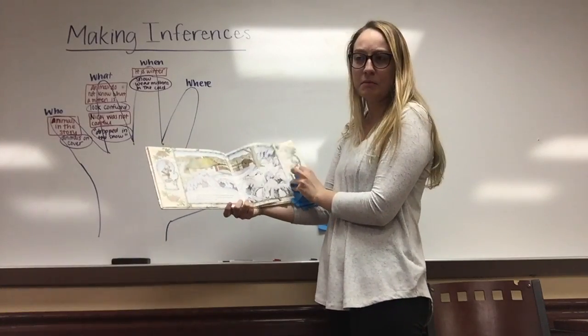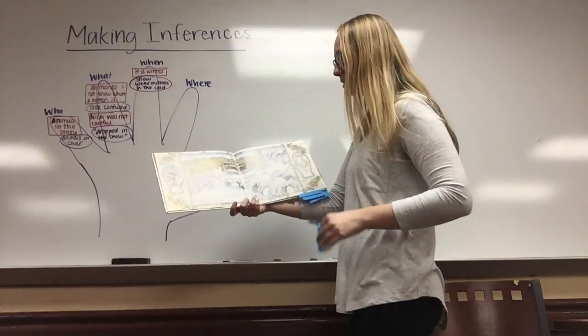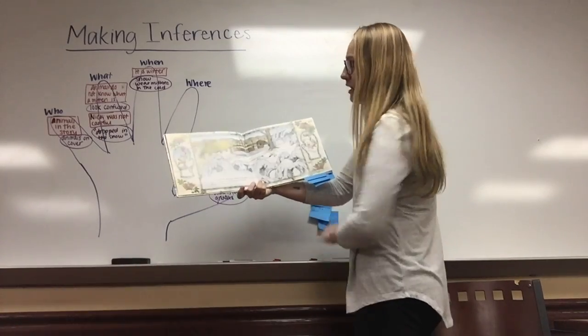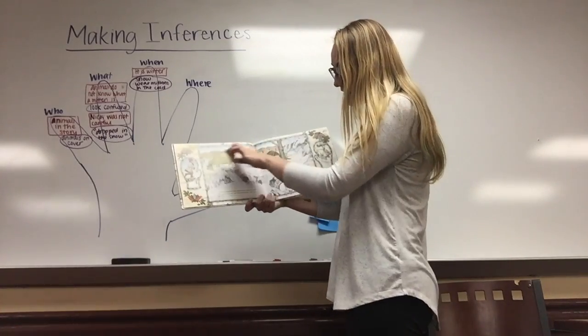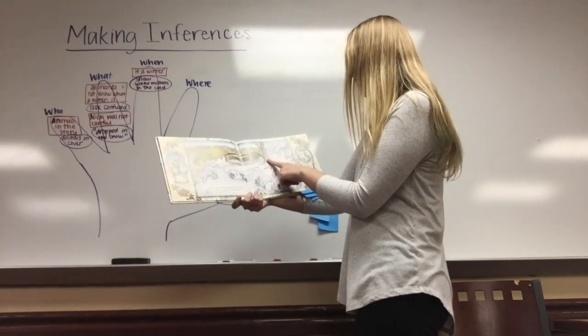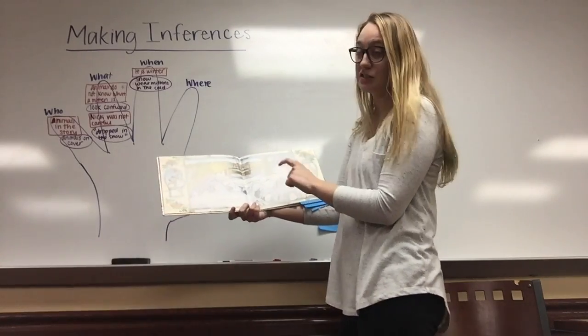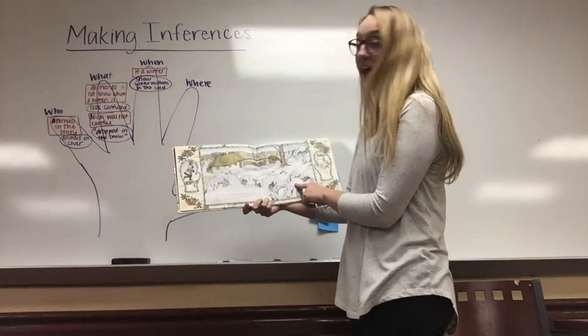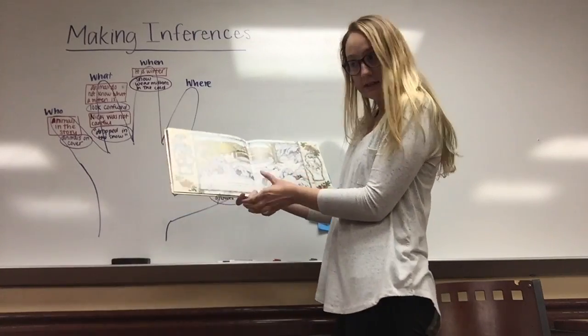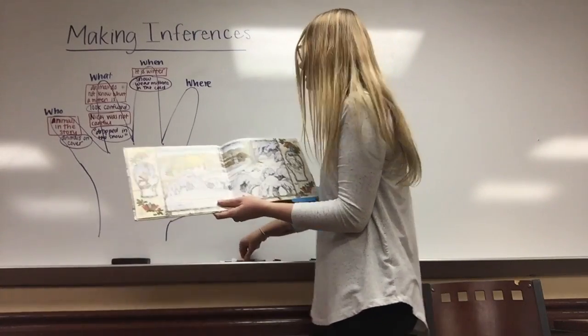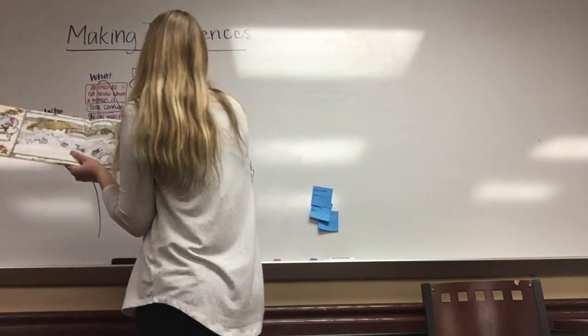Now, if there is a mole that burrowed into the mitten, and this looks kind of like it might be a farmhouse, I'm going to infer that our story takes place at a farmhouse near the woods. So let's write that for the where.